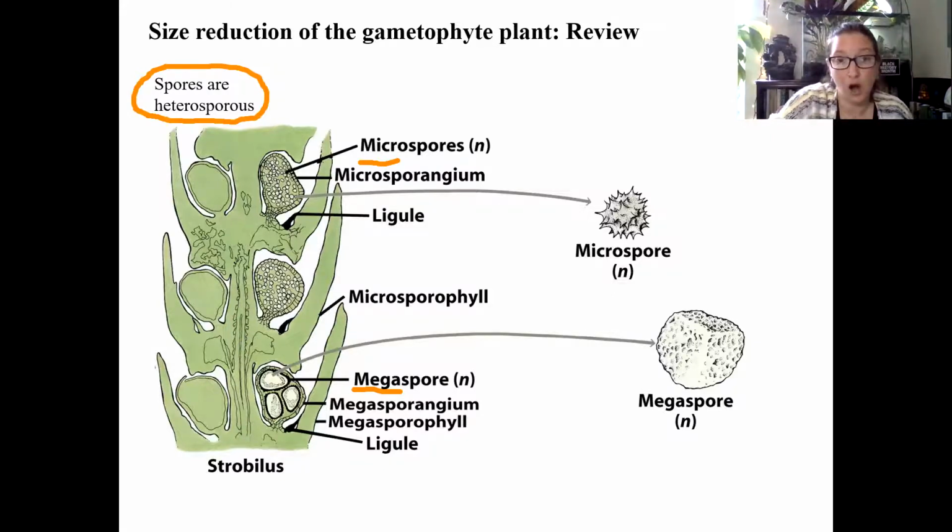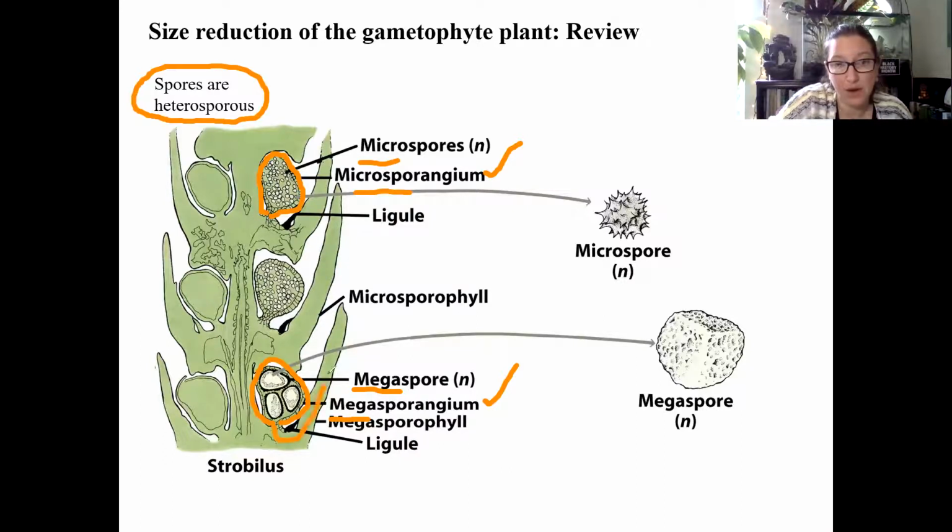The megaspores are made in a sporangia that only makes megaspores. So we call it a megasporangium. And the microspores are made in a sporangia that only makes microspores, or microsporangium. Because we have these new prefixes, we could add those to the actual leaf that bears them.